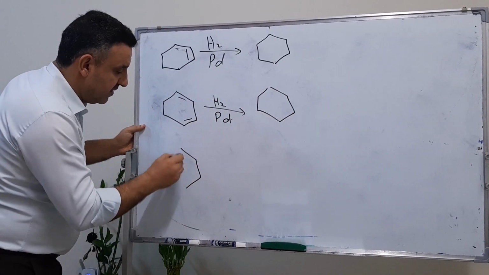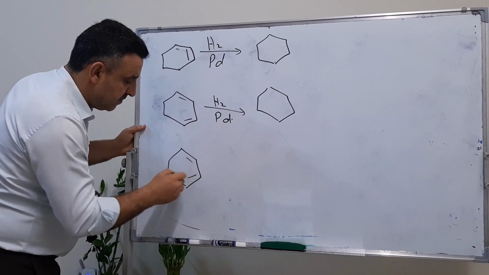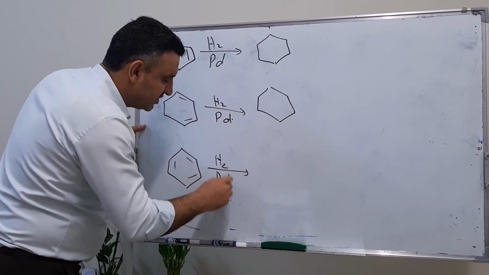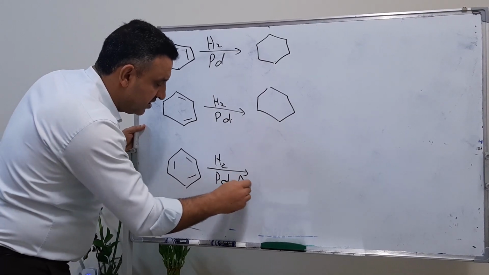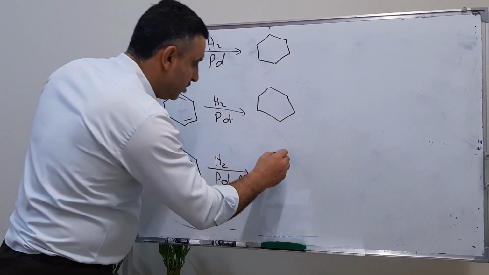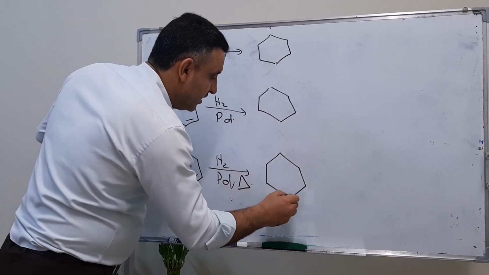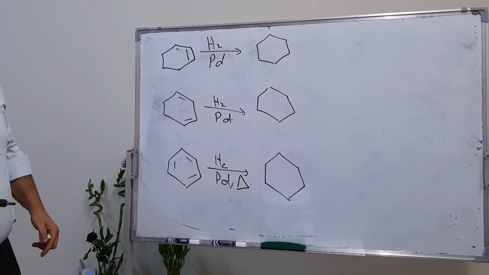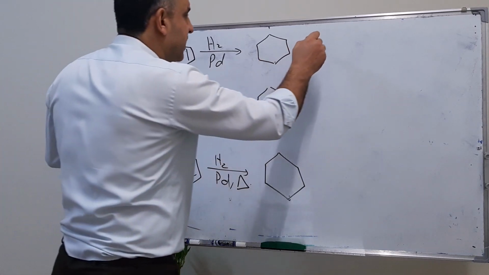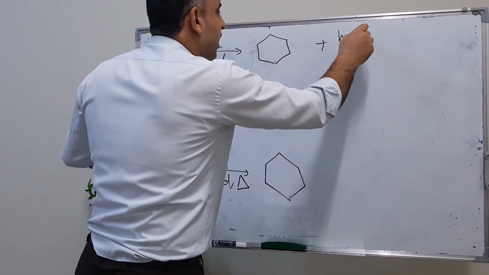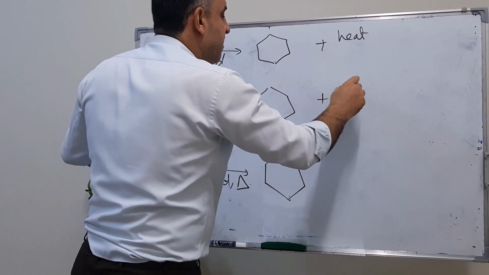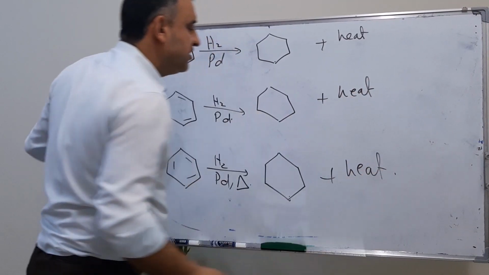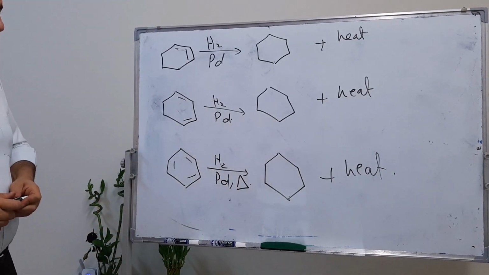And when we have the benzene system, if we hydrogenate it under very special conditions, very high temperature and pressure, we should get cyclohexane in all cases. These reactions are exothermic, so we get heat every time we do hydrogenation. And the heat of hydrogenation depends on the number of the double bonds.